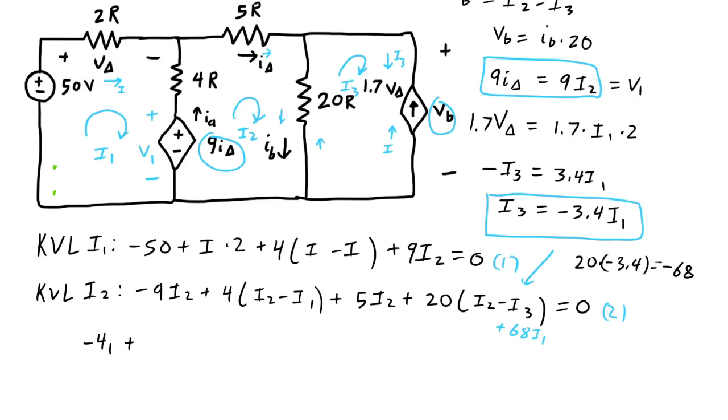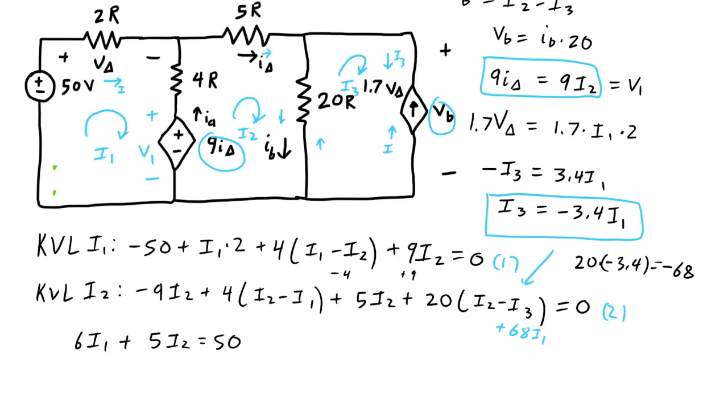I1 is here, so that's going to be I1 times 2 that, and then I1 minus I2. So 6I1 minus, there's a minus 5 over here, plus 9. So plus 5I2 equals 50.